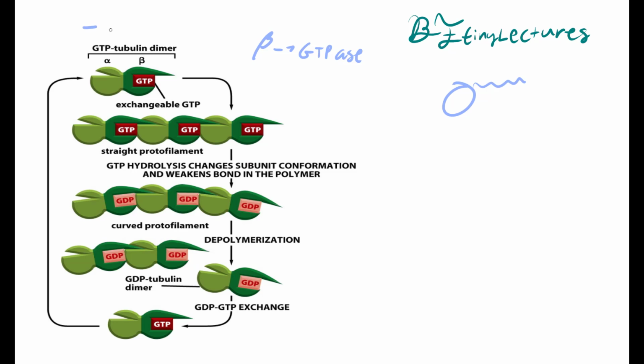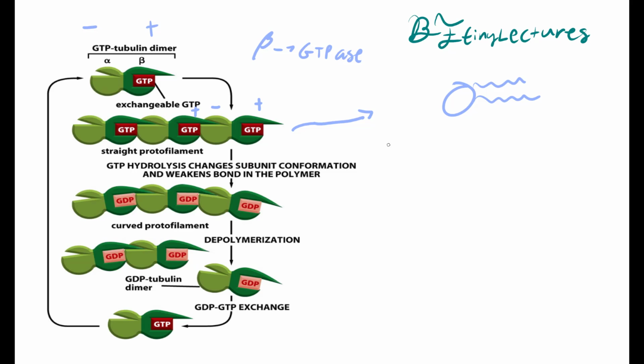We have the negative portion and we have the positive portion. The negative portion is going to attach to the positive portion, and the positive portion will attach to a negative portion later on. So as long as we have the guanosine triphosphate, we will keep adding more dimers onwards and onwards, and this is what you see as expansion.